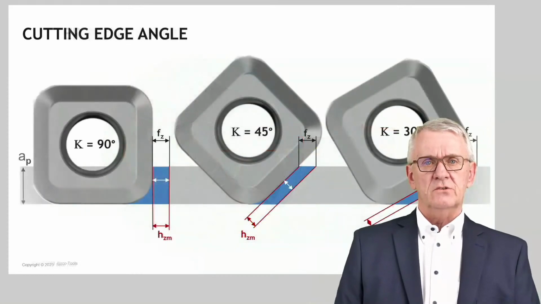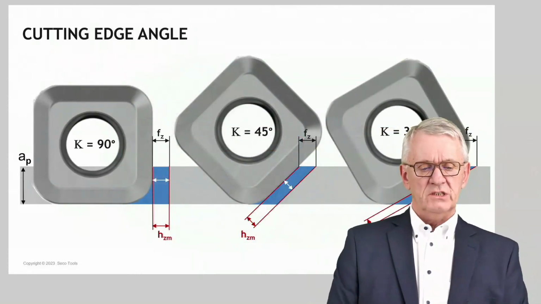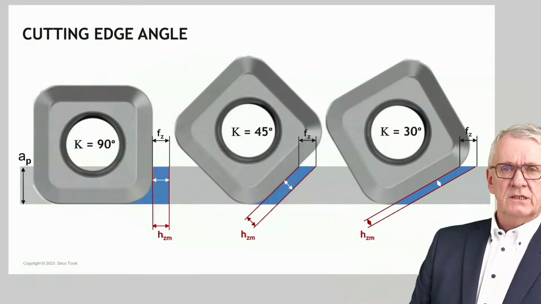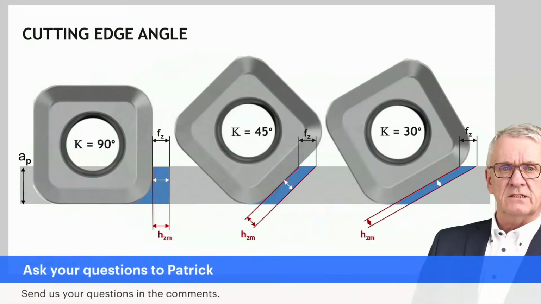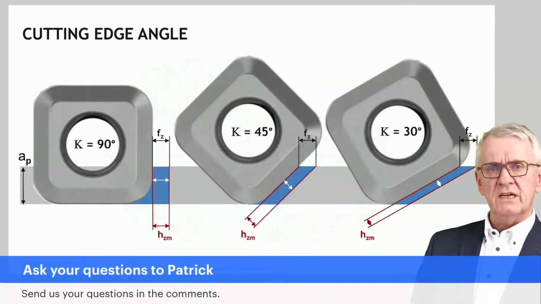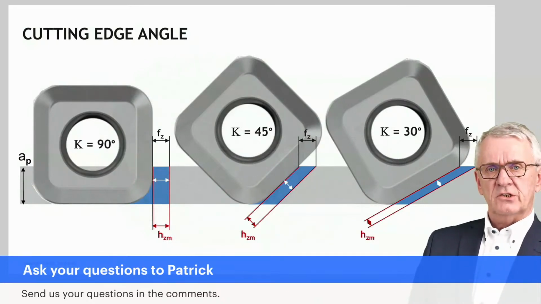Another variable we need to take into consideration, one we already mentioned, is the cutting edge angle. You see here three examples: a cutting edge angle of 90 degrees, a square shoulder milling cutter; 45 degrees cutting edge angle, a typical face milling cutter; and to the right you see 30 degrees.